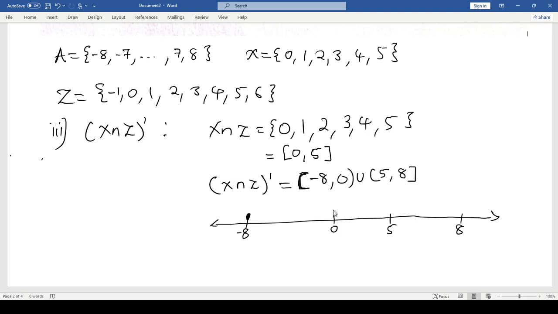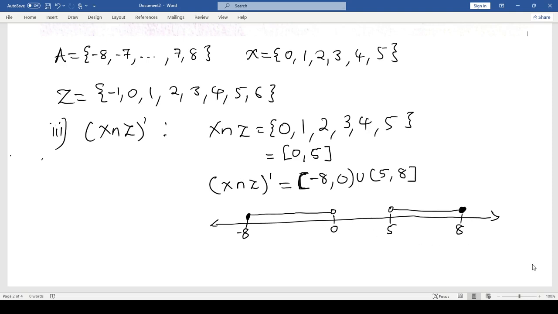So on top here, we won't make it a solid dot, we just write it like that to show that 0 is not part of the set. Then here 5 is equally not part of the set, we just leave it open like this. Then 8 is a member of the set there, so we make it a solid dot here. So we have this information and we displayed it on a number line.